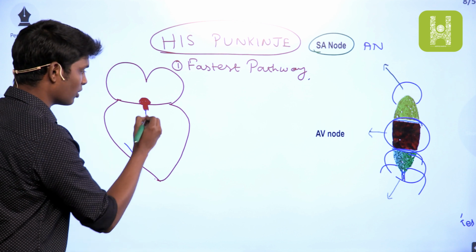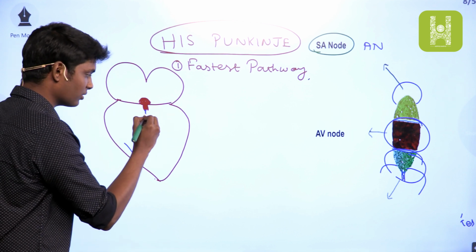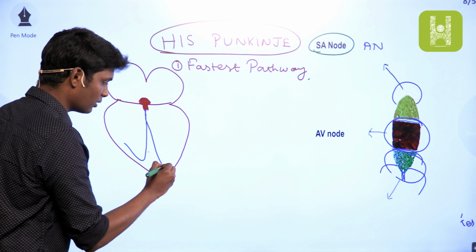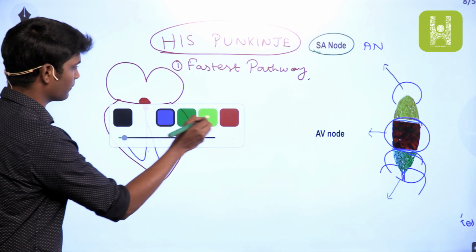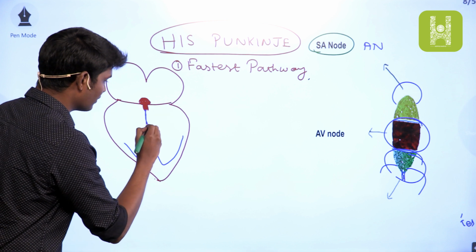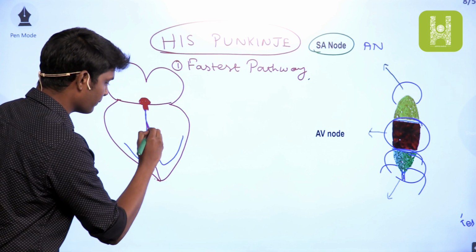So the bundle of His obviously divides into the right bundle branch and the left bundle branch. This is the ventricular septum.